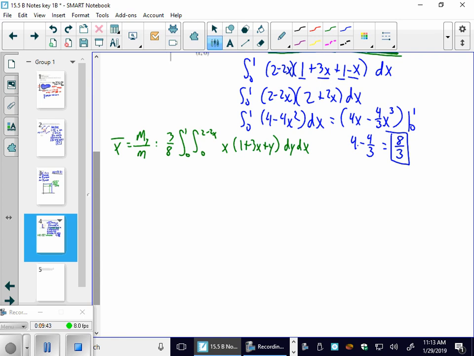So let's see. Distributing the x through, we're going to get x plus 3x squared plus xy, dy dx. Now we can take an antiderivative with respect to y.